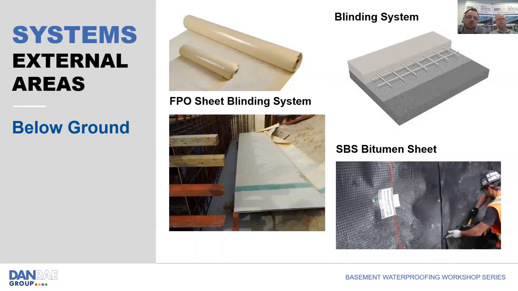These are used pretty much like a building liner, so they cover the whole basement, walls and floors. You can also get blinding systems made out of bitumen sheet membranes, which you can either torch on, or use peel and stick systems, which are also used for basement waterproofing.